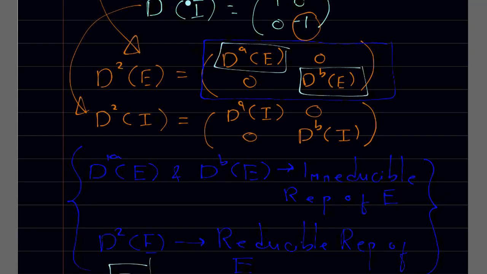But when you had a 2 cross 2 representation, you were able to reduce it to 1 cross 1 representations. Is it always possible for a 2 cross 2 representation to reduce to 1D? It is not always possible, but you have to see whether it is possible or not. If it is possible, then we say that it's a reducible representation. If not possible, then it's an irreducible representation.